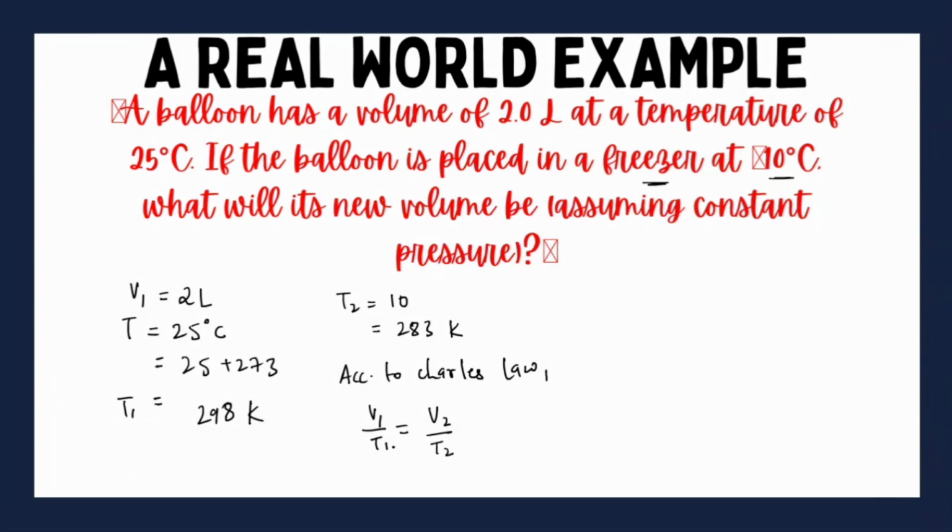Plug these values into our formula and solve for V2. So we can say 2 by 298 must be equal to V2 by 283. When we solve it, we get a volume of approximately 1.77 liters. So this shows how Charles' law works and how temperature changes the volume.